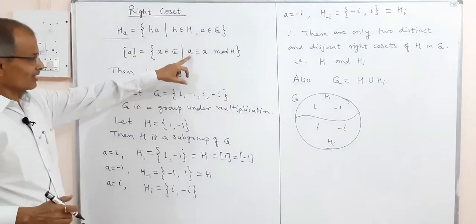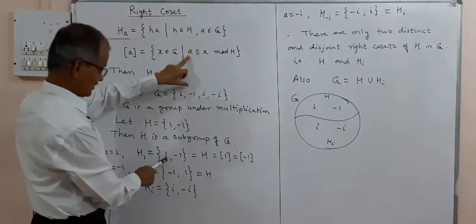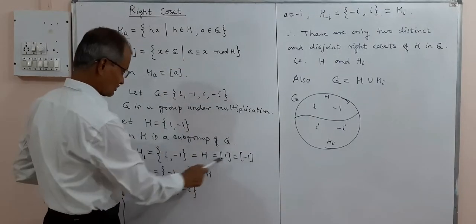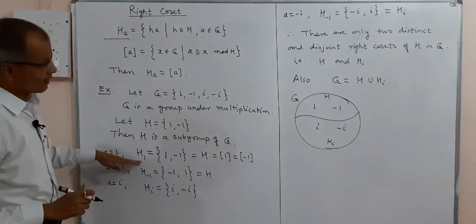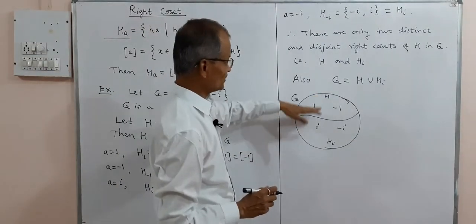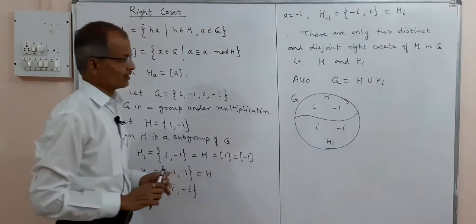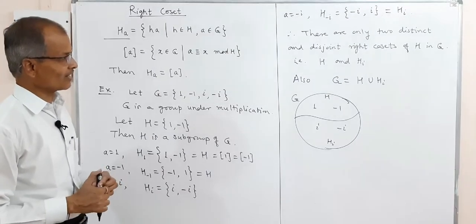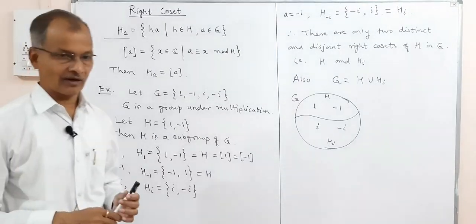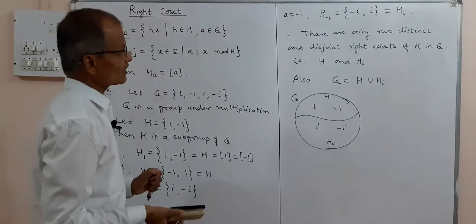By definition, 1 is congruent to 1, and -1 is also congruent to -1. So the whole group G is divided into distinct right cosets, and their union is the entire group G. So this is an example of a right coset.